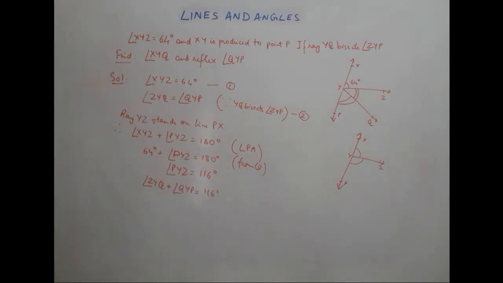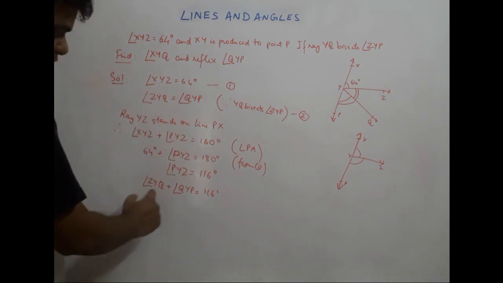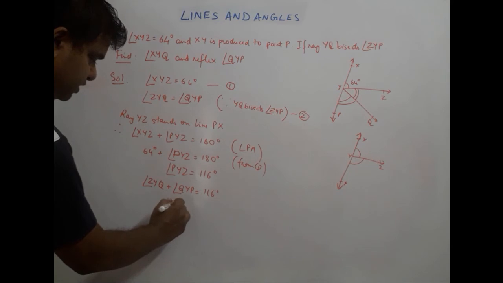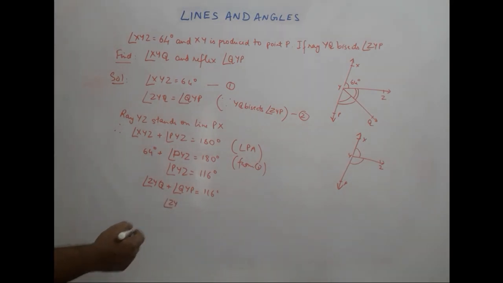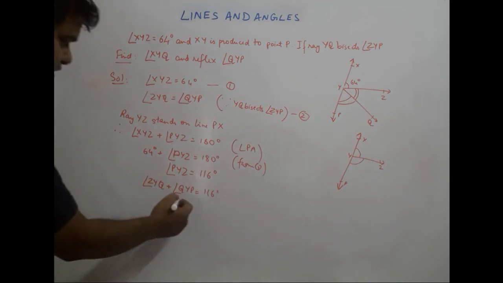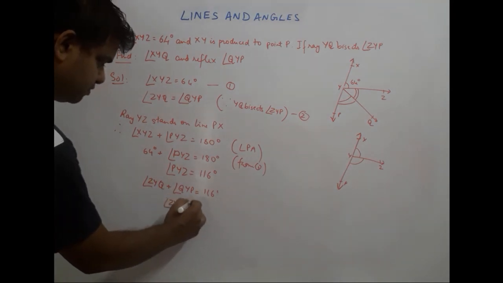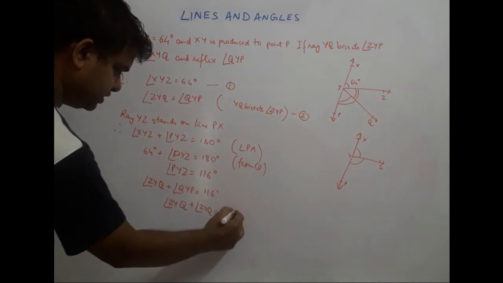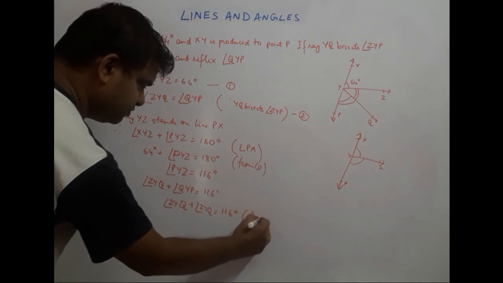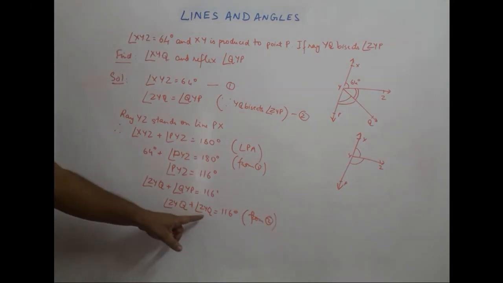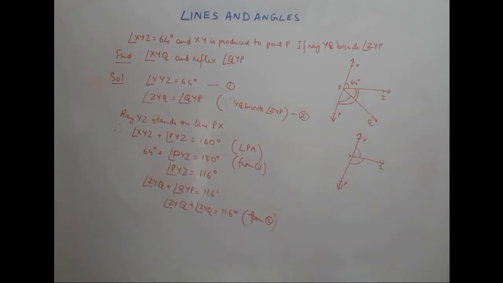Now we also know that these two angles are equal to each other. So we can write angle PYQ plus angle ZYQ equal to 116 degrees. This is from 2, because ZYQ is equal to QYP, so I just replace it with ZYQ.